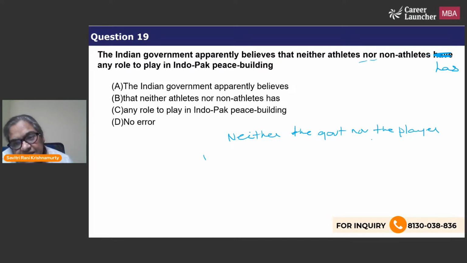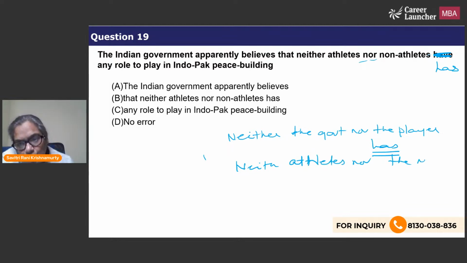When both sides are singular, the verb has to be singular. Neither the athletes nor the non athletes. When both are plural, the second verb is plural, so the verb has to be plural.